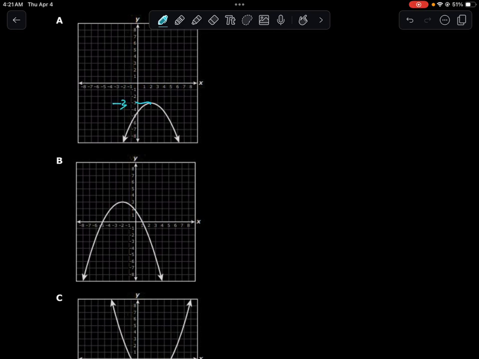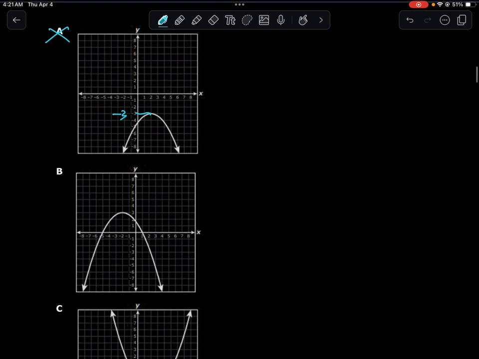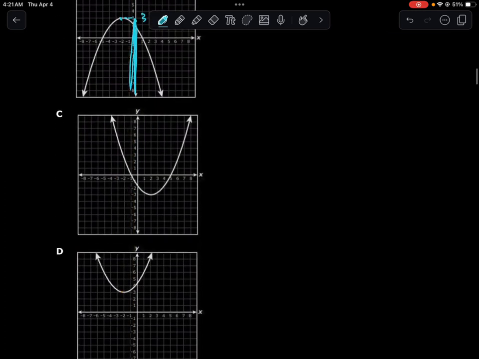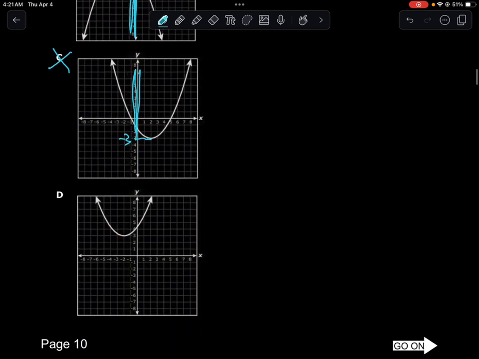I don't have a -3, I have a 3, so it's not A. Now B, the vertex starts at 3, and of course then it goes down. The range goes from 3 and down. That could be it. I will check it in a little bit. C starts at -3 and then the range goes up. I don't have a -3, so it's not C. What about D? The range will start at 3 and go up.